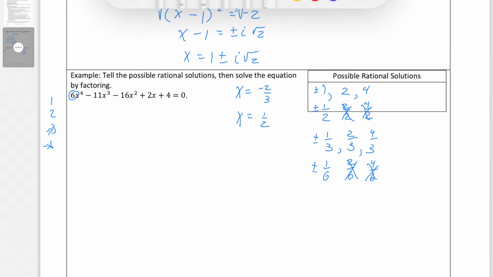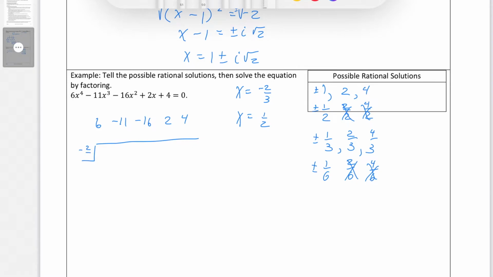So now, back to the synthetic division. We're going to set up our synthetic division problem, and we're going to put in all our coefficients: 6, negative 11, negative 16, 2, and 4, and we're going to take out that negative 2/3 first.